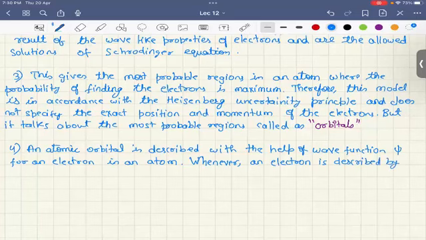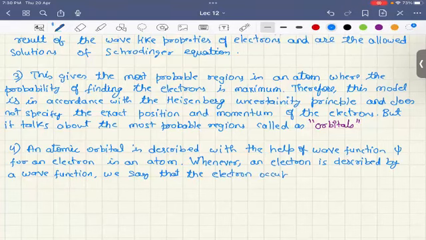Whenever an electron is described by a wave function, we say that the electron occupies that orbital. Many wave functions are possible.